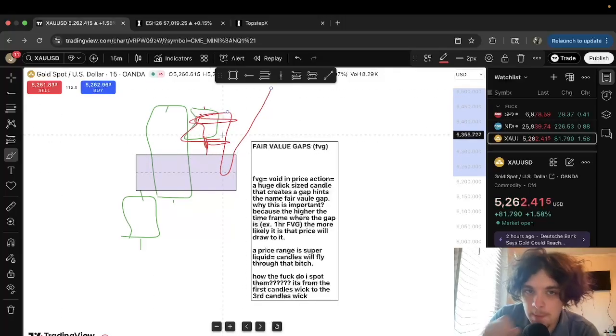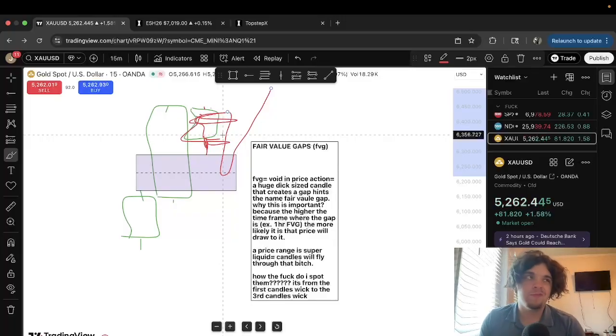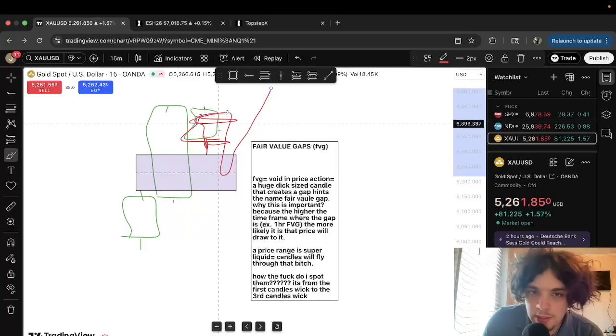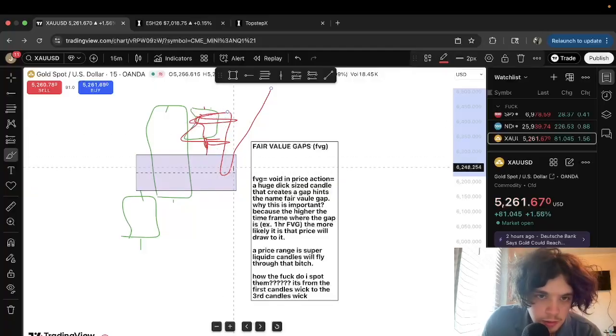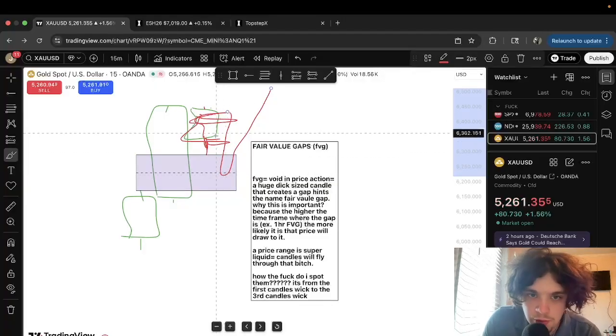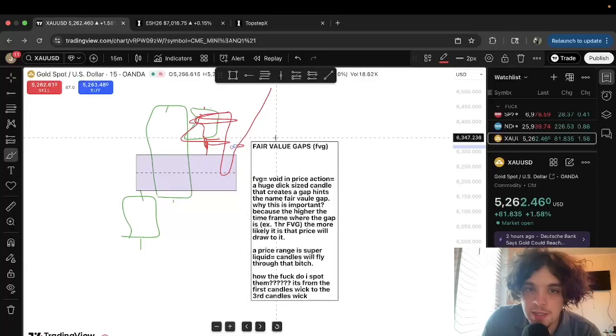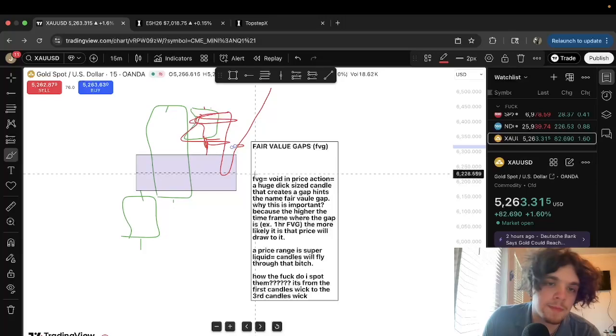That is how a fair value gap is normally going to play out. That's a textbook fair value gap play. You would enter down here. As soon as you see bullish pressure out of the fair value gap, you would enter. It'd have to be a candle closure outside of the fair value gap, right?